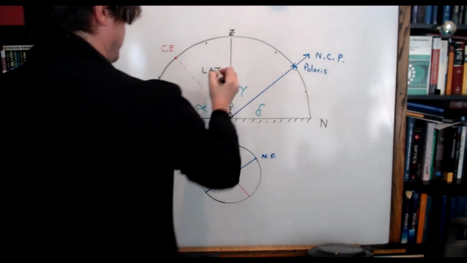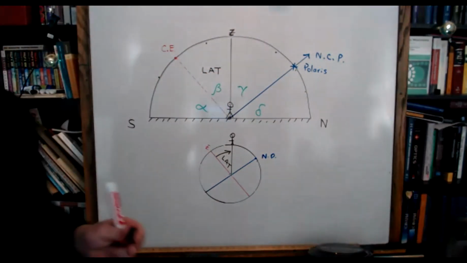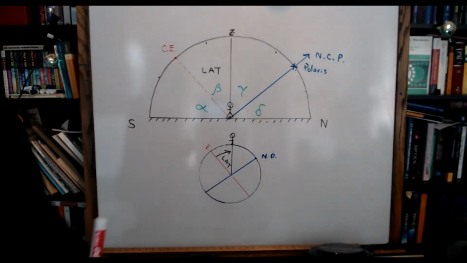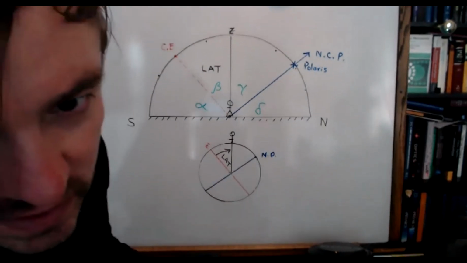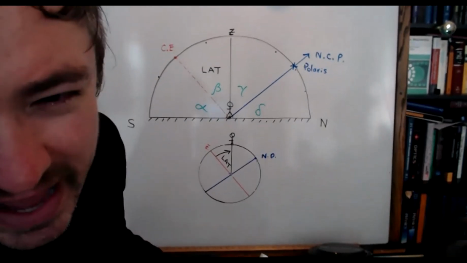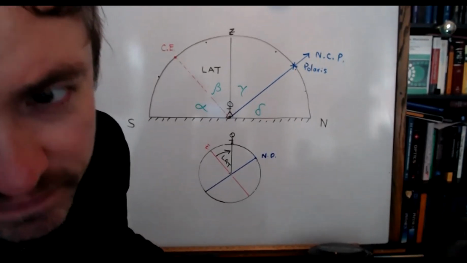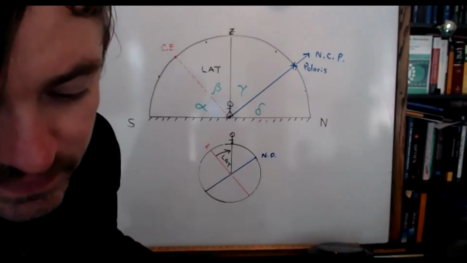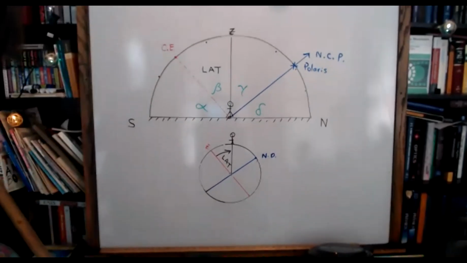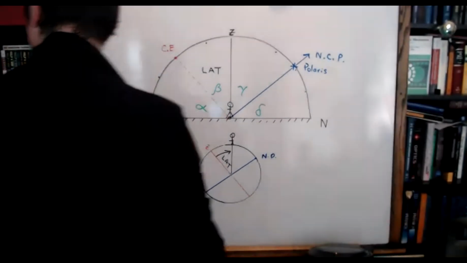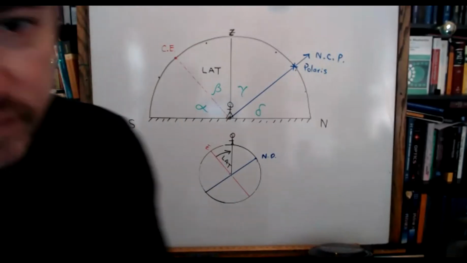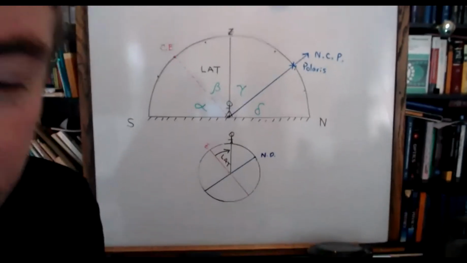Very good. All right, let's try another guessing game. One of these angles represents the altitude of Polaris based off the definition of altitude. Which of these angles represents the altitude of Polaris?